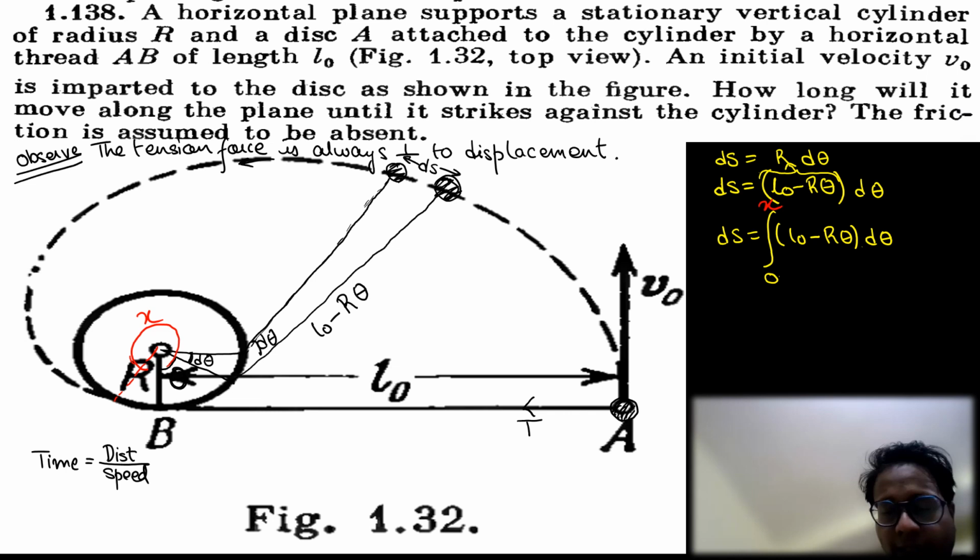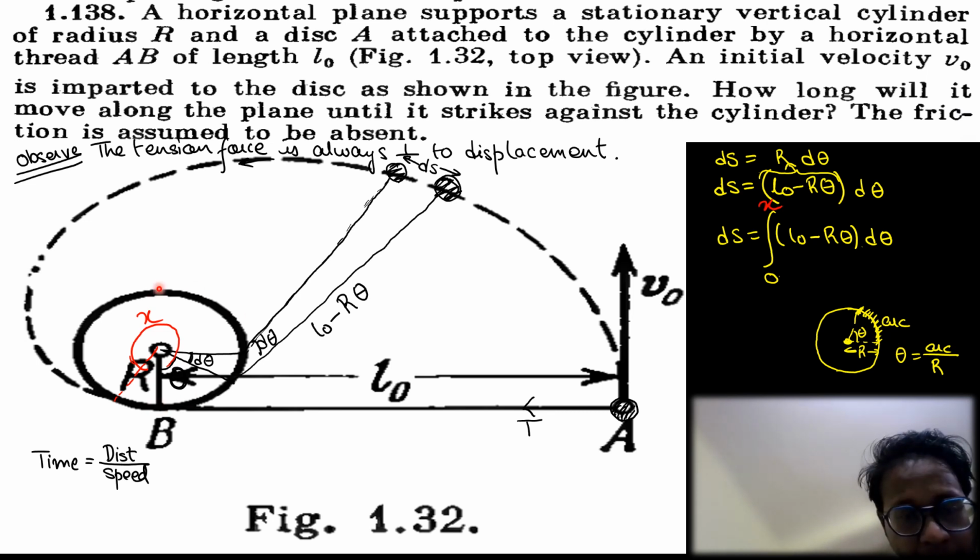So recall the fundamentals. What is a radian actually? Suppose I'm telling theta radians. Theta radians is nothing but the ratio of arc to radius. So what is the ratio of this entire arc divided by radius?